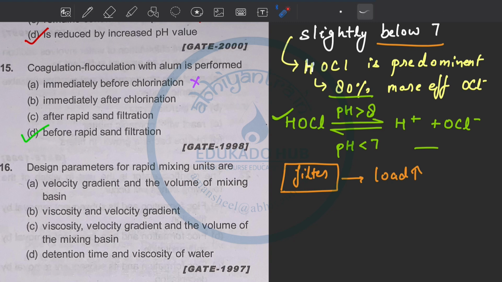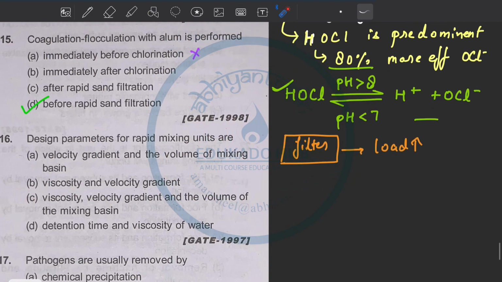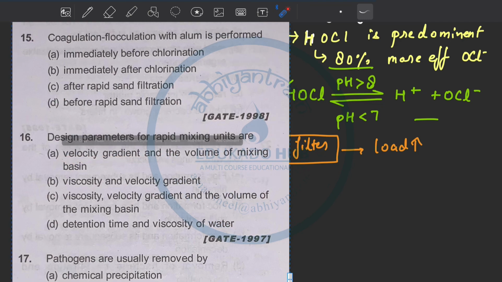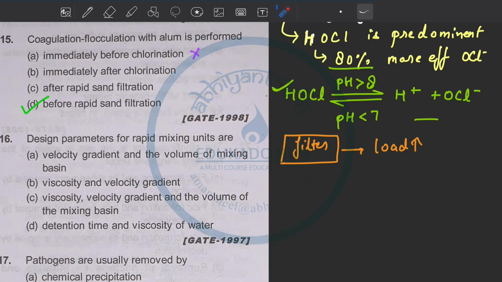Design parameters for the rapid mixing unit are. See, what is a rapid mixing unit? They are saying some terms like velocity gradient, viscosity, volume of mixing basin, detention time.